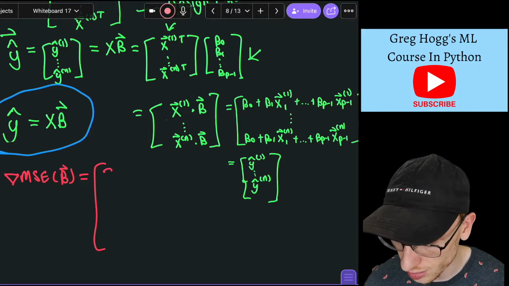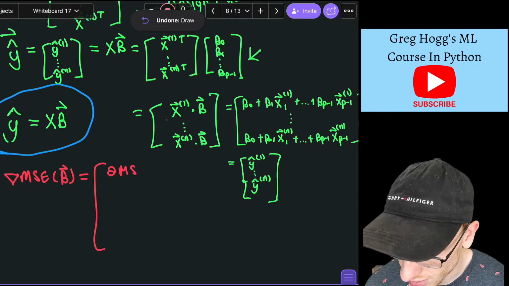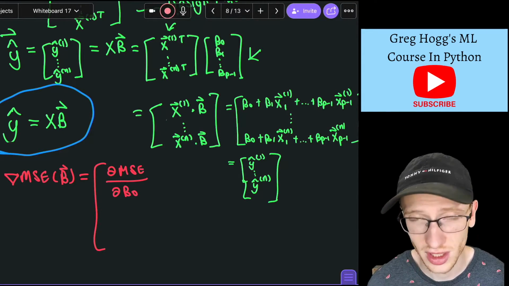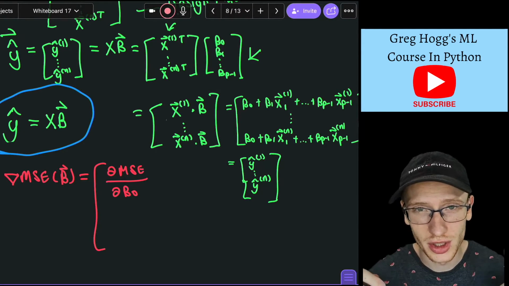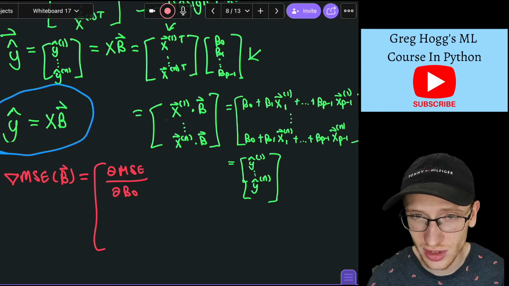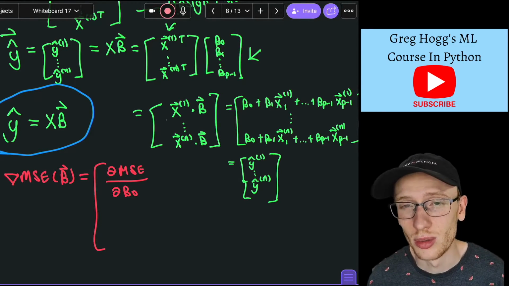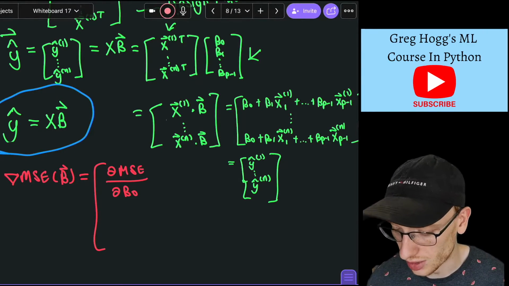So the first component is written as partial MSE by partial beta naught. Remember, this is going to be the same dimension as beta because it's just replacing all of the beta slots, beta naught, beta 1, with the derivative of the MSE with respect to that component.